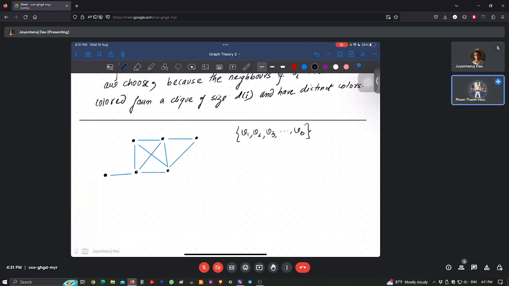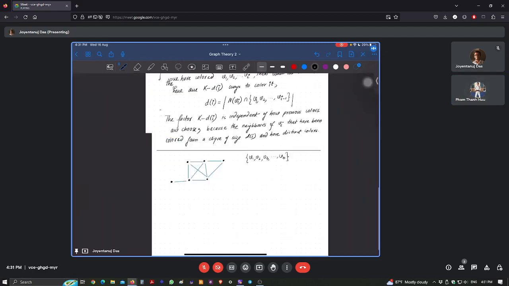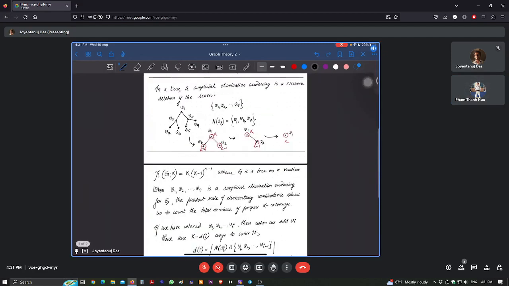We start with the bigger index, so for example v6. If you remember, earlier we started with v7.